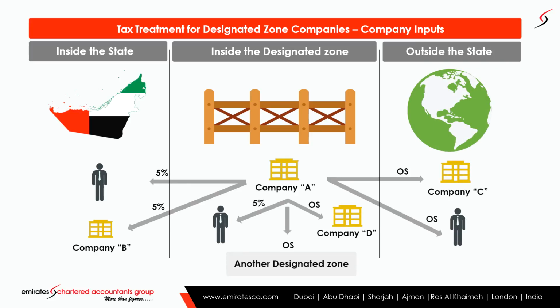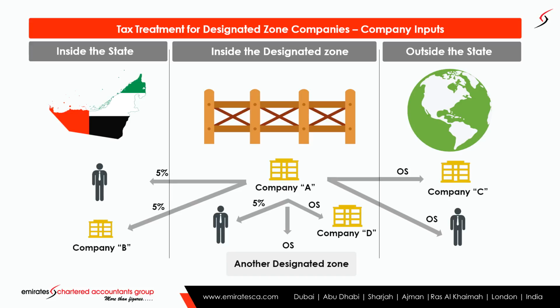See, a company registered in the designated zone is selling the products to another company which is located outside the UAE. In such a case, it will be out of scope. The tax liability will not be there for the designated zone company. Even though the sale is made to an individual outside the UAE, still the tax liability will not be there. It will be an out of scope sale.